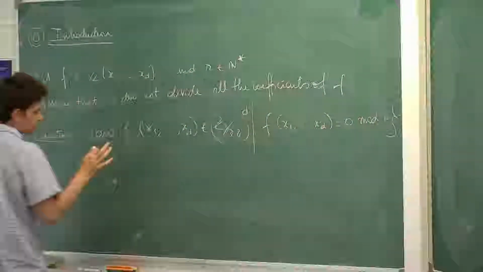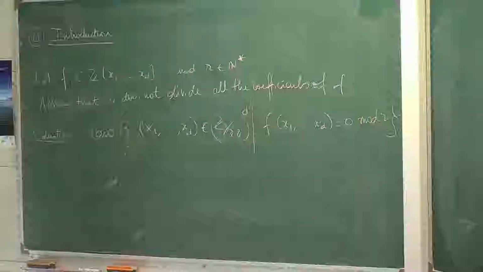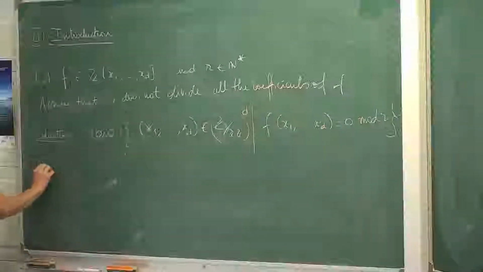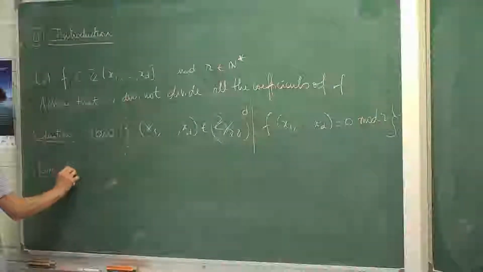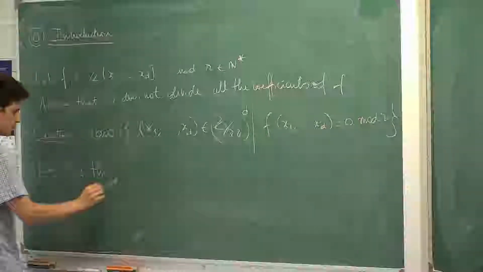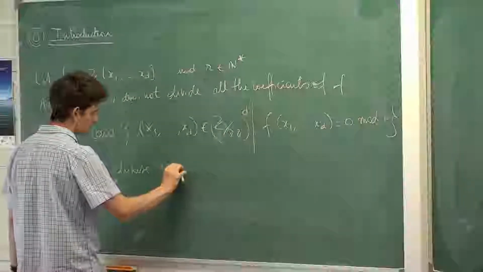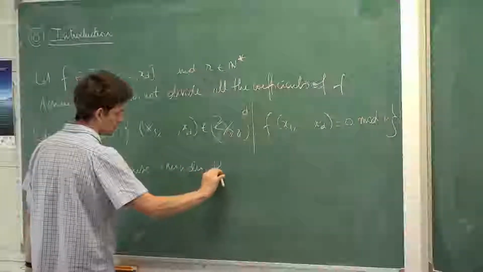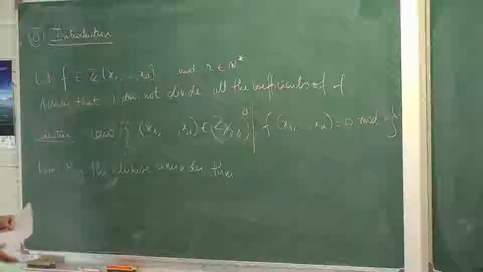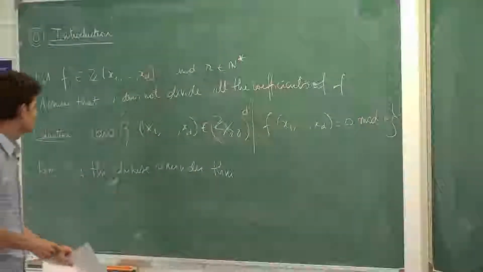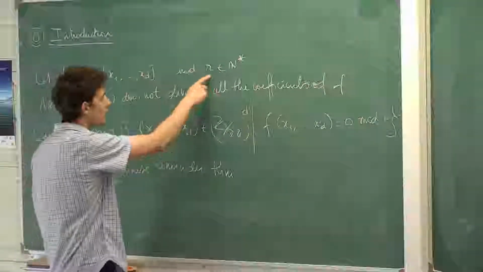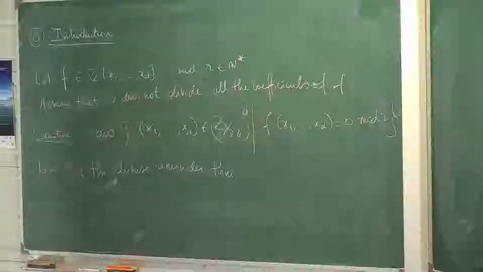You see that if you use the Chinese remainder theorem to solve this question, it's enough to know the solutions when R is a power of a prime.